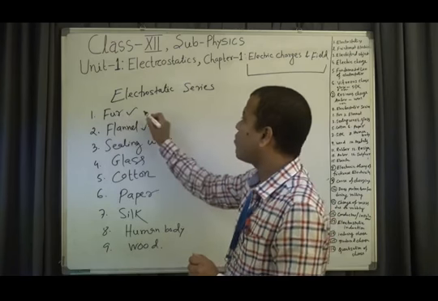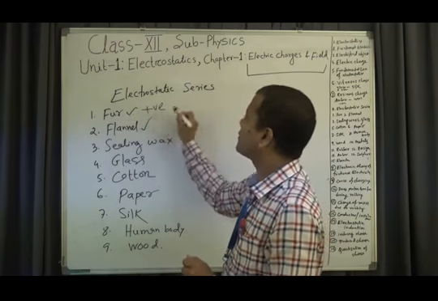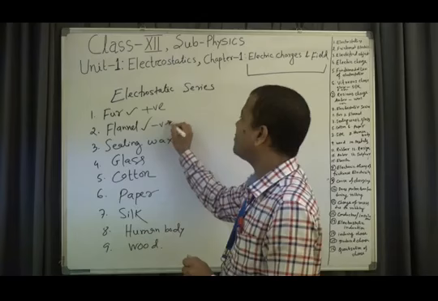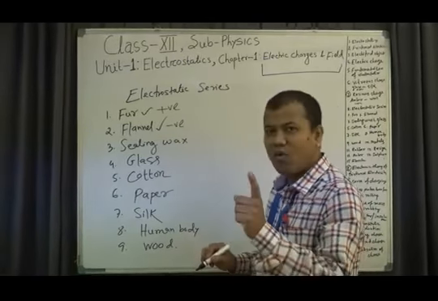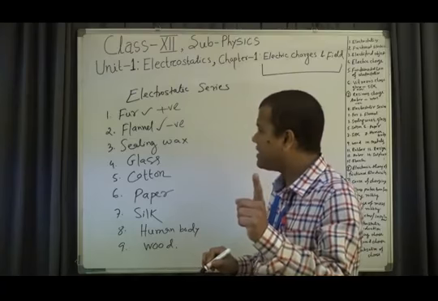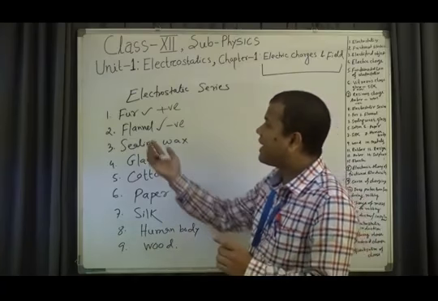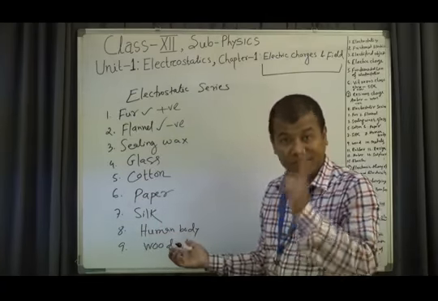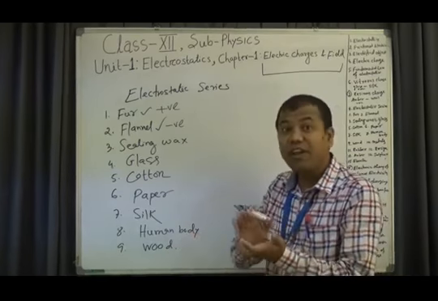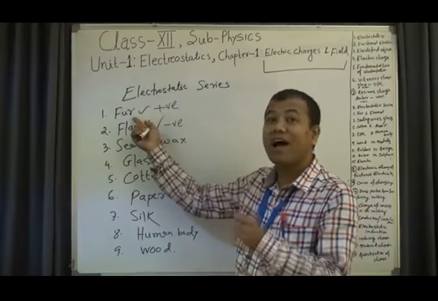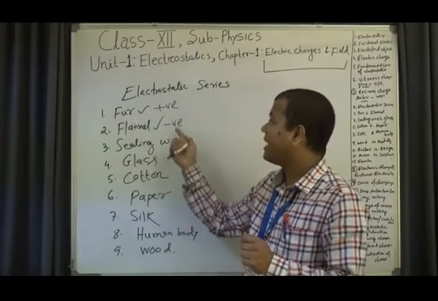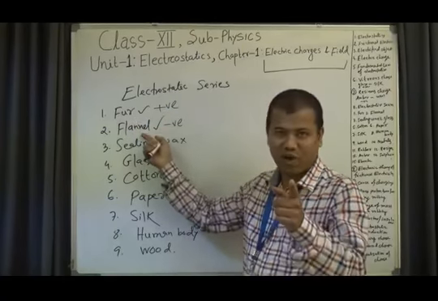On the fur, positive charge will be developed, and on the flannel, negative charge will be developed. That means whenever we take any two objects from this electrostatic series and rub them, positive charge will be developed on the earlier one and negative charge on the later one.